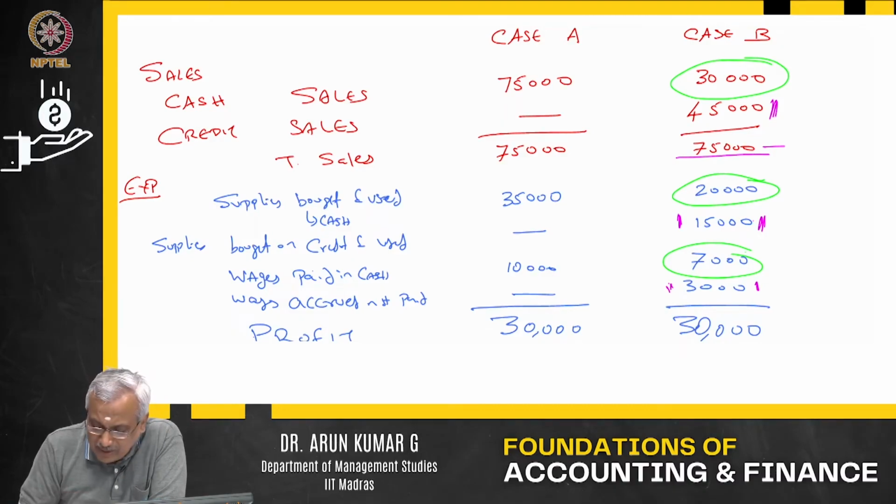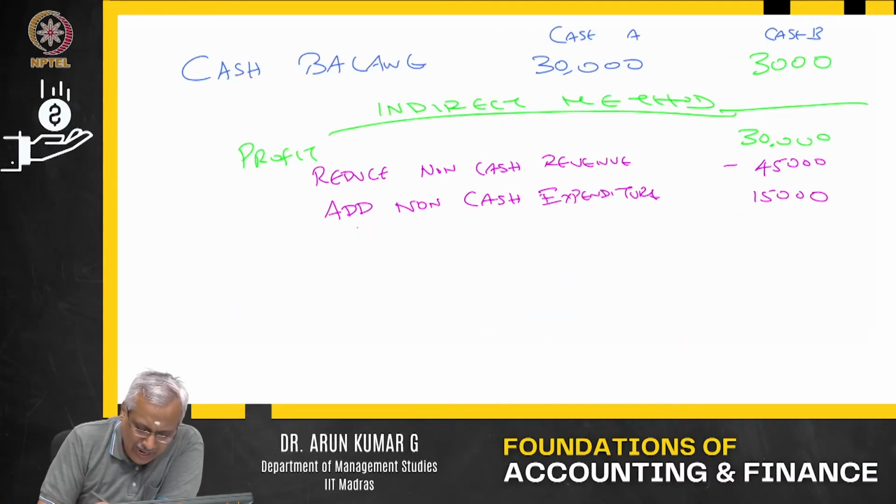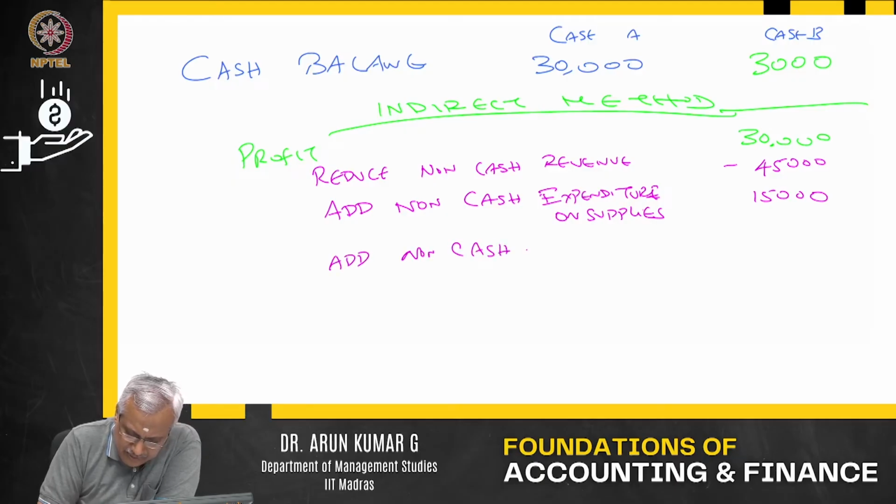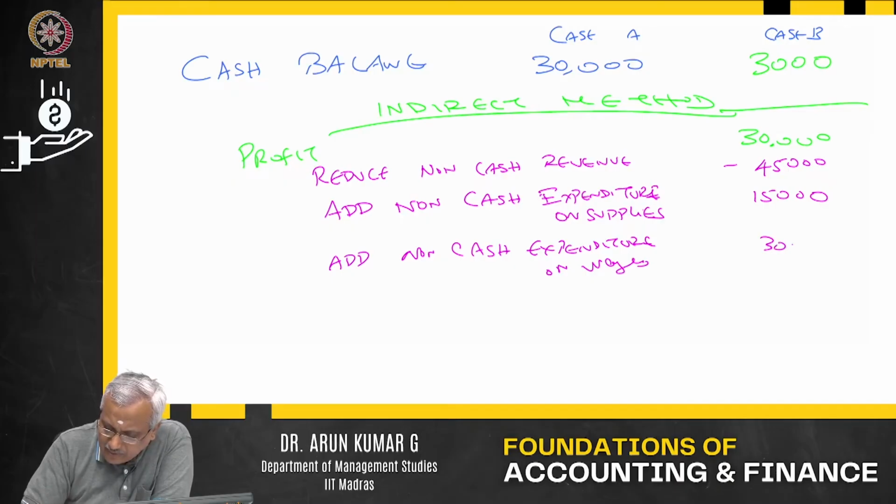You have not paid, but you have reduced it and only got 30,000. So I will add non-cash expenditure on supplies, 15,000, add non-cash expenditure on wages, 3,000.